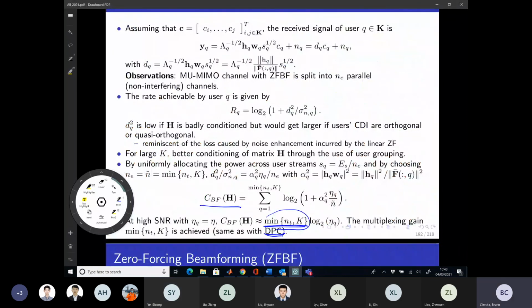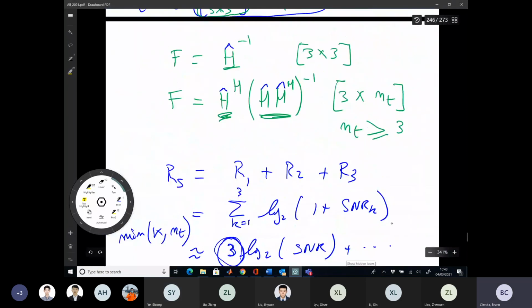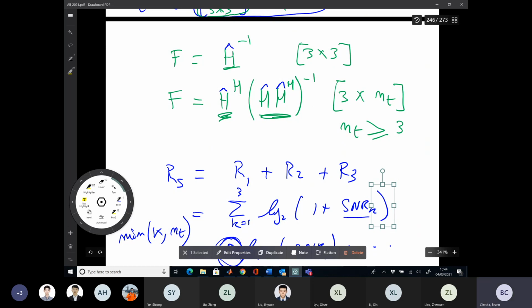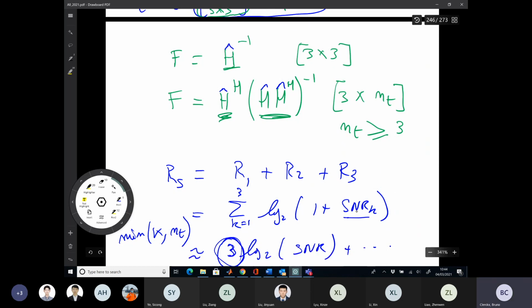So in this problem you have the SNR. The SNR here is a function of the power that you allocate to each of those streams, right?